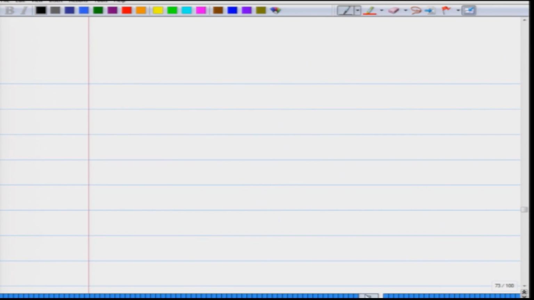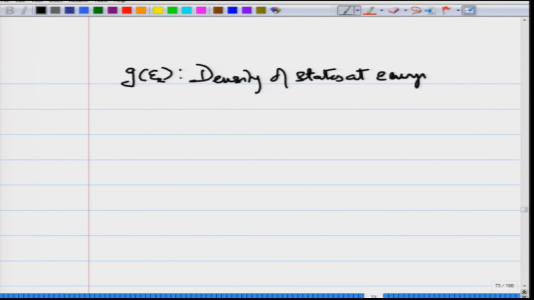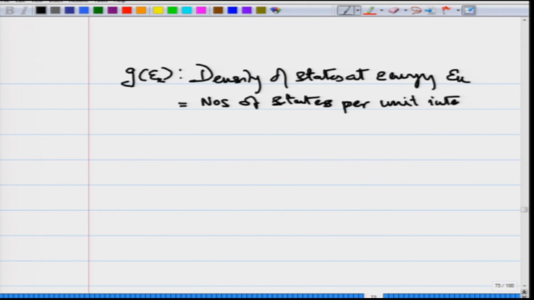So, we can write Ge, which is the density of states at energy Ek, is the number of states per unit interval of energy, where the interval of energy is dEk.